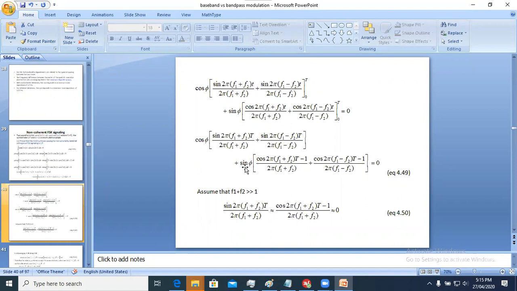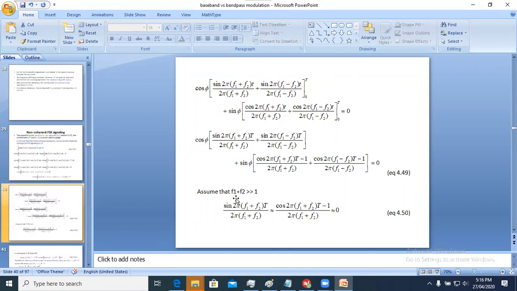For the second part, we have the T component, and when we substitute 0, we have negative 1, because the cos of 0 is 1. So we have cos 2 pi f T minus 1, and we have this identity.